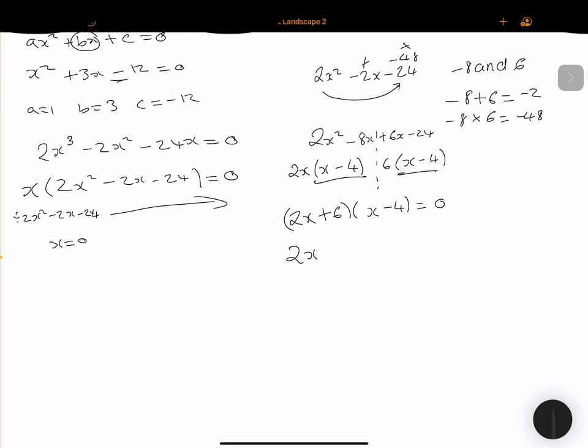Solve, and then solve on this side, and x equals 4. So x equals minus 3, 4, and 0. I think that's it. So that was factorising algebraic equations and the use of the splitting method.